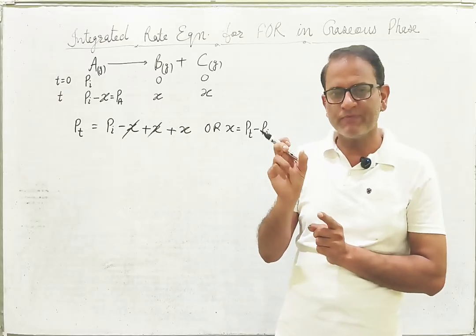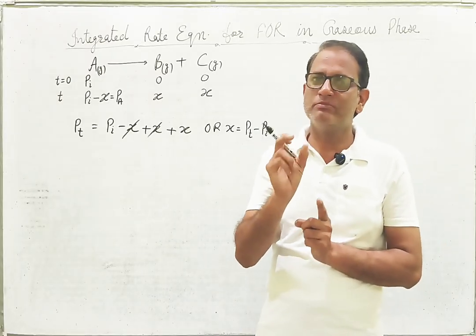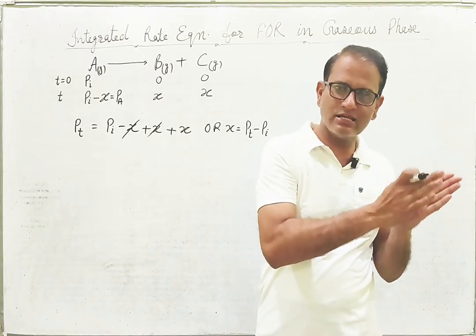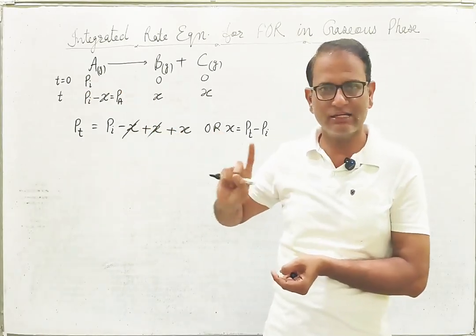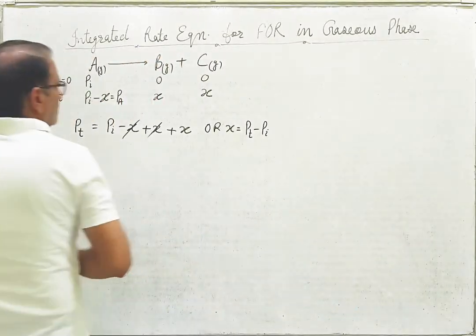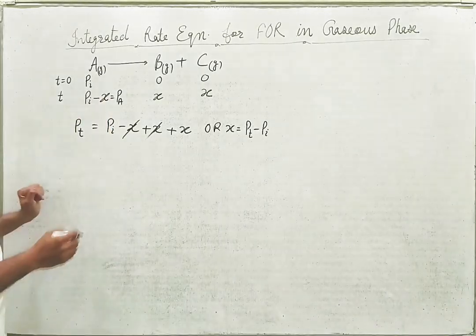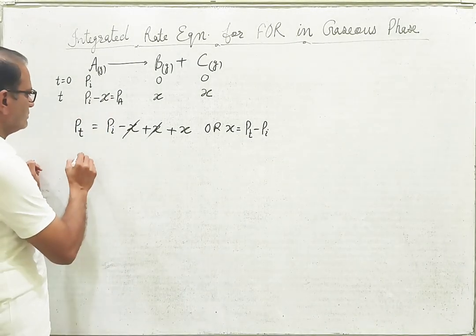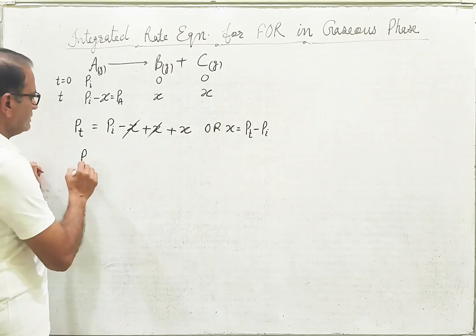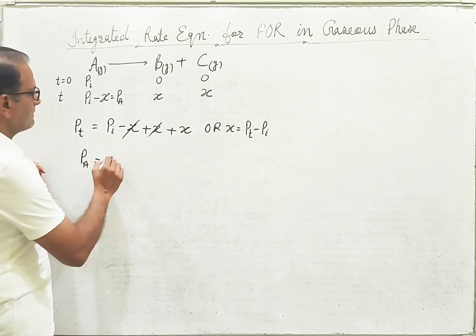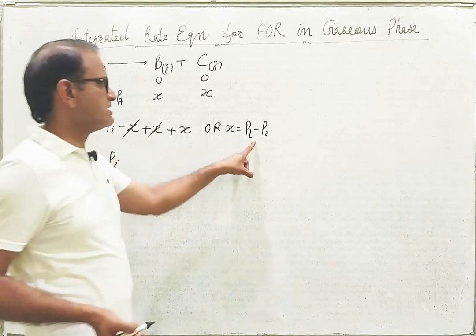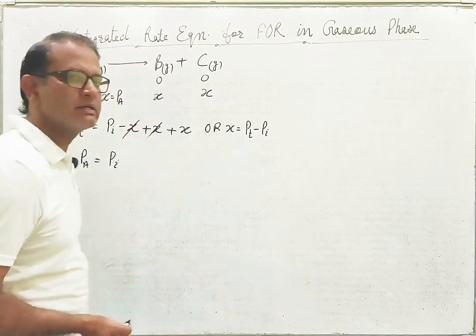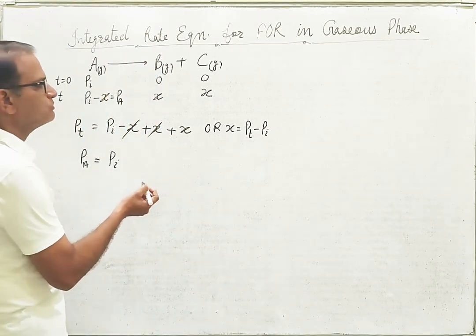So here we need Pa, the pressure of gas A at time t, because the initial pressure we have is Pi. Am I right? So to calculate Pa, Pa is equal to Pi minus X. Instead of X we can put Pt minus Pi.